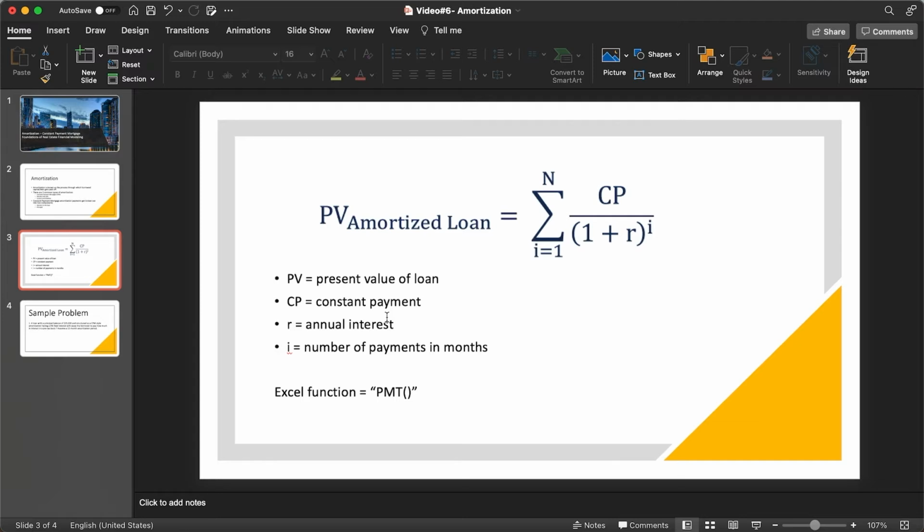And then I is the number of payments in months. As you can see, the annual interest and the number of payments in months are not in the same time unit, so we need to be very cognizant of that when we're working through our calculations. You can do that by hand if you wish, but today we're going to cover a problem and we'll use the Excel function PMT to calculate the payment for a given loan.